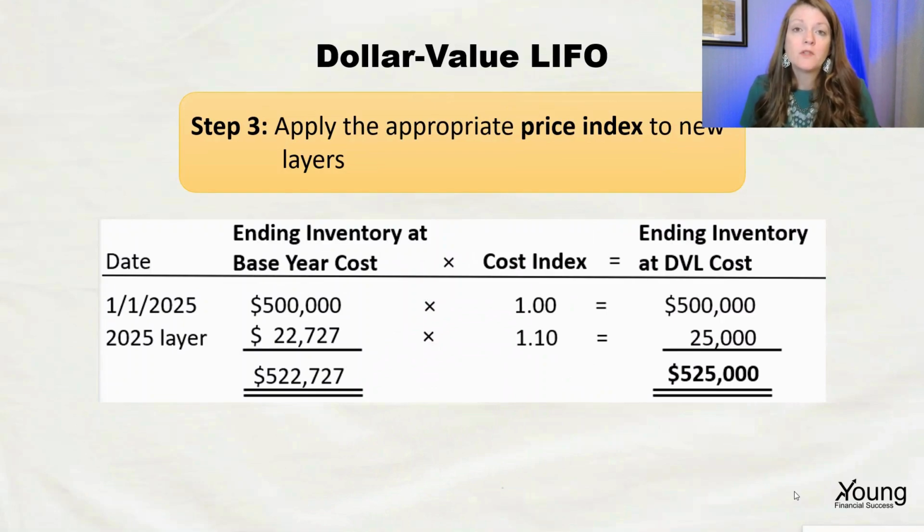We multiply that times the 1.1 because it went up by 10%, so we have 110%. And so we say that the ending inventory for that would have been 25,000. So when we add that in, it's like saying it would be $525,000 based on the dollar value LIFO.